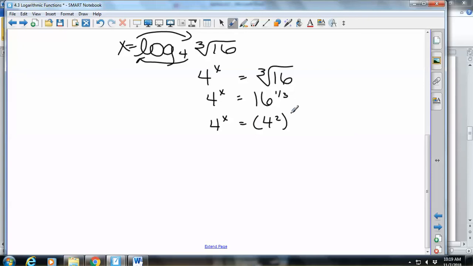So break it down. 16 is 4 squared. And so you get your x to be 2 thirds. So be able, if I give you a radical, make sure you can put that in fraction form and deal with your exponent. Any questions?